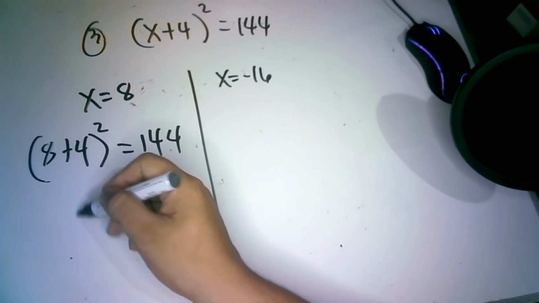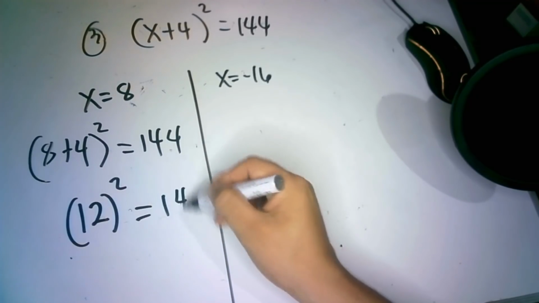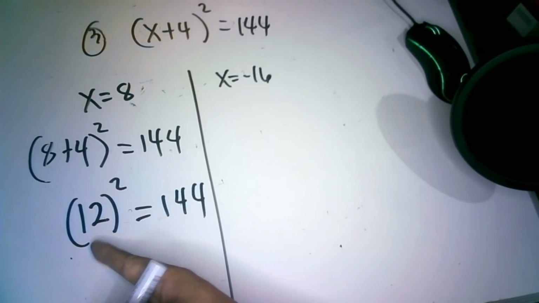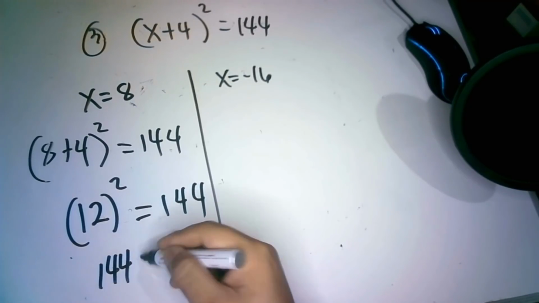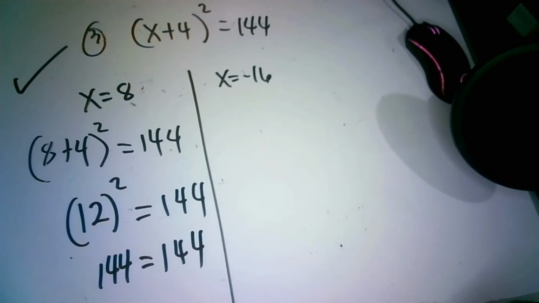What is 8 + 4? 12 squared equals 144. And what is 12 times 12? Of course, 144 equals 144. So our x = 8 is correct.